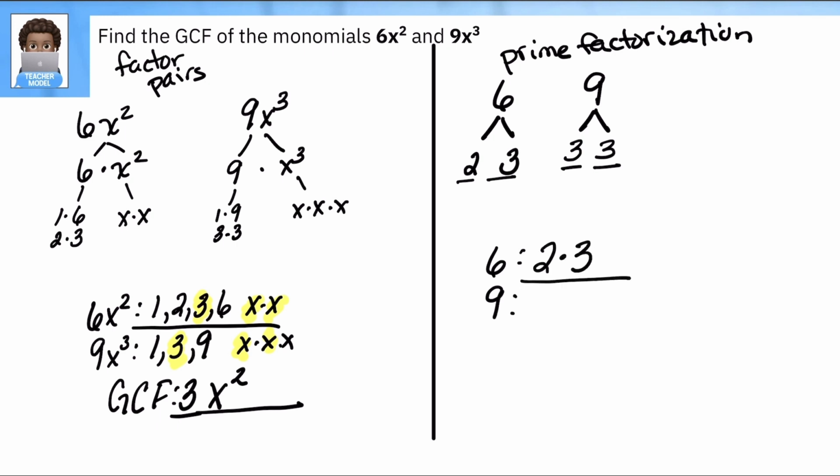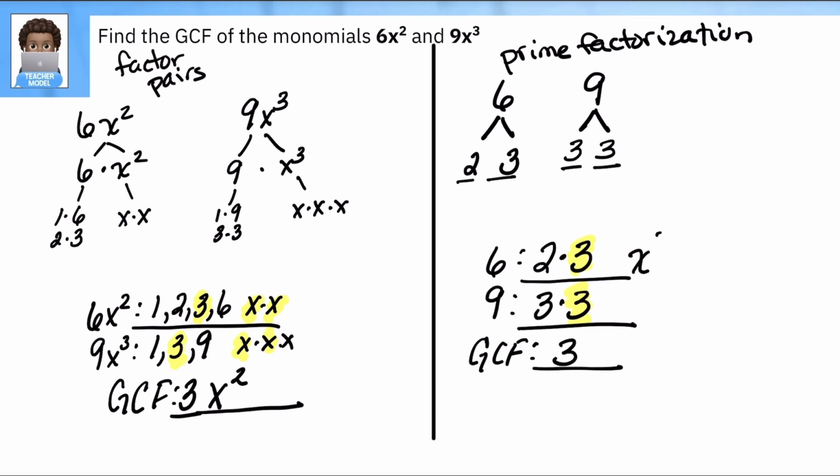And notice it's a multiplication sentence, because these are prime factors that create the number. And again, you look to see what they have in common. They both have a 3 in common. So the greatest common factor for these two numbers is 3.